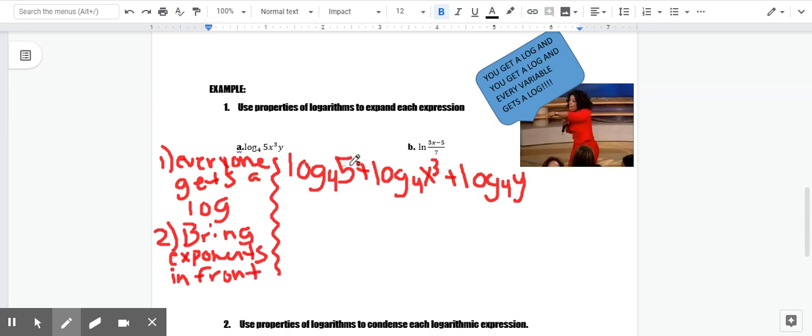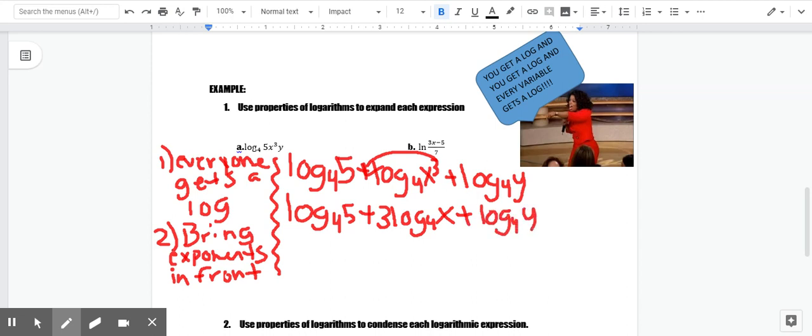So the only exponent I have is this one right here. So this 3 needs to come in front of that log. So we write everything else the same. The log base 4 of 5 plus 3 log base 4 of x plus log base 4 of y. And so that would be my final step.